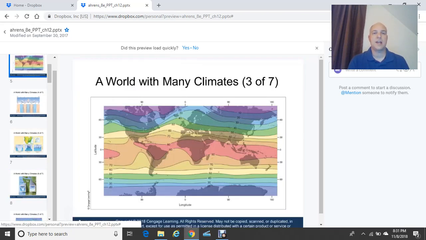Moving on to the next slide. Here's an example of a map showing you the lines of equal temperature, the isotherms. Each one of these lines, these are in degrees Fahrenheit, and so you can see where the 80-degree isotherm generally is situated throughout the course of a year across the world.